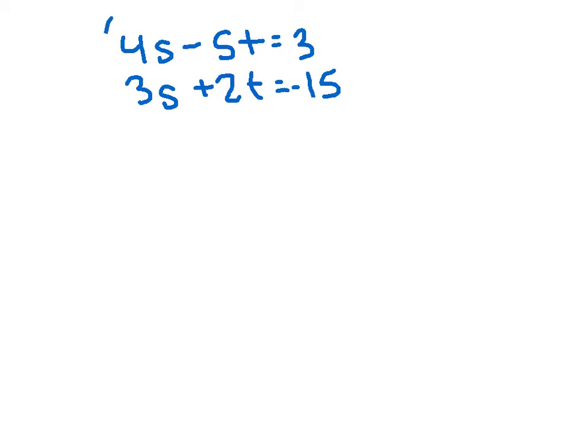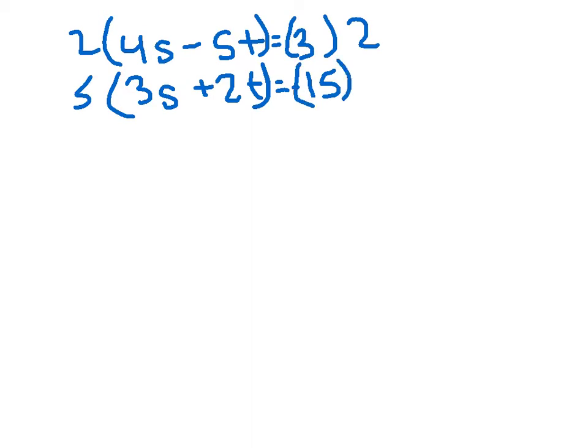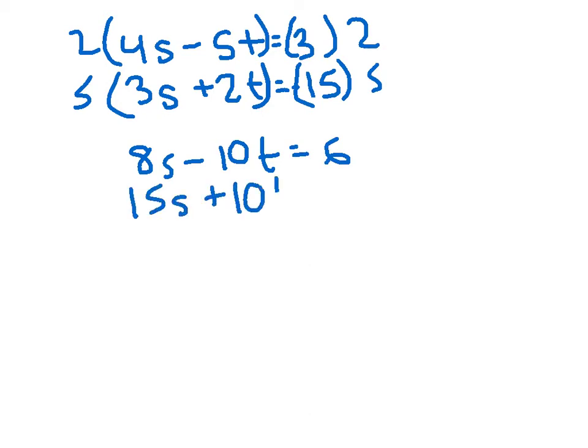So I'm going to multiply the first equation by 2, and the second equation by 5, so that I can get a coefficient of 10 in front of that t. So 2 times the first equation, I will get 8s minus 10t equals 6. Second equation, 15s plus 10t equals 75. Or sorry, negative 75 since there's a negative sign.